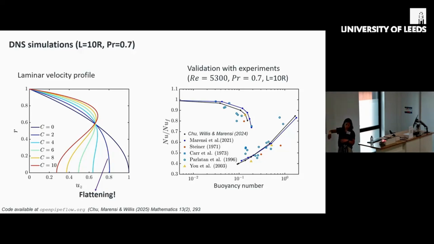This is just to show that we can get good agreement with experiments. This is, again, a similar plot to the one I showed at the beginning, with Nusselt number normalized by the isothermal value versus a buoyancy number that is defined in a slightly different way. But basically what I want to show here is that we can get good agreement with experiments.